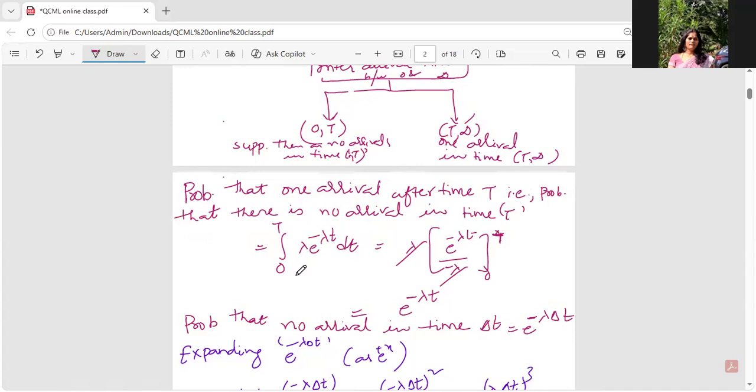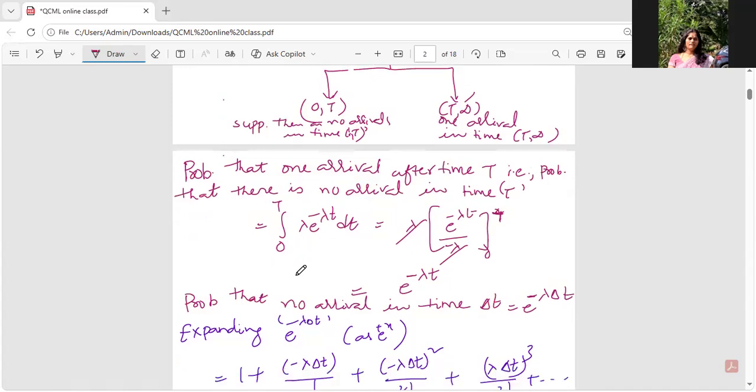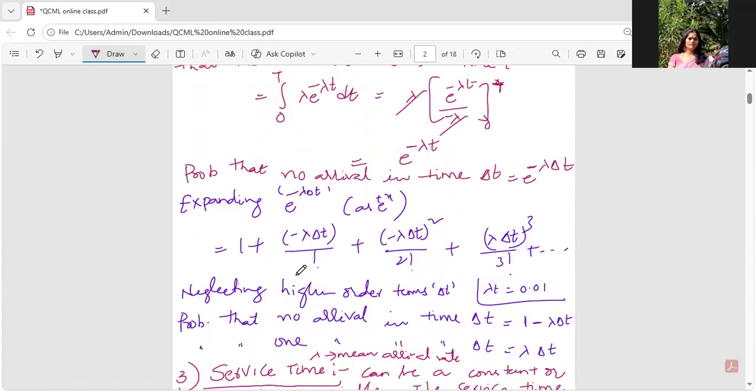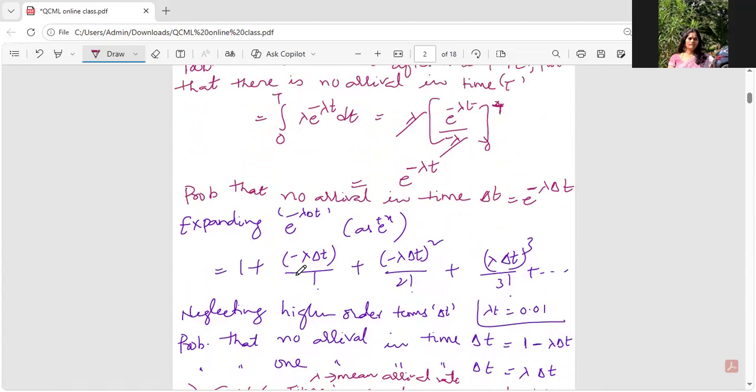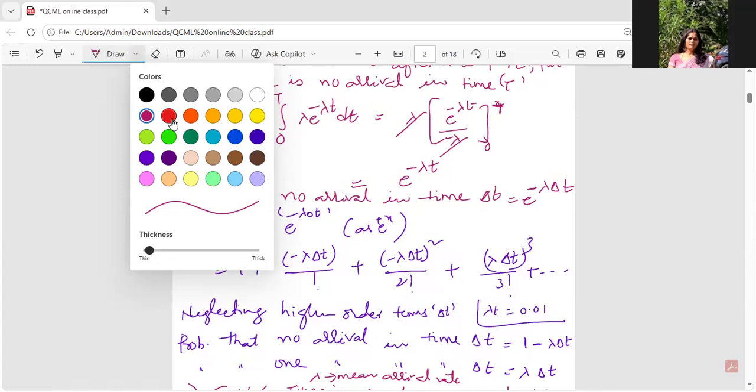So I will take the integral of lambda e power minus lambda t dt, integrated from the limit 0 to t. Hence I get e power minus lambda t. You can observe this is a simple integration. Now the probability that there is no arrival in time delta t is given by e power minus lambda, instead of t, delta t.